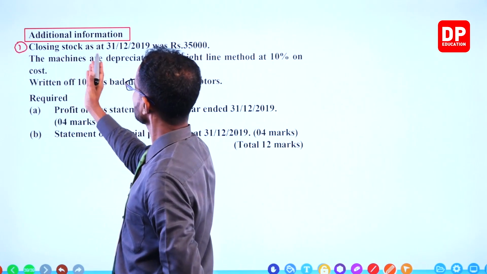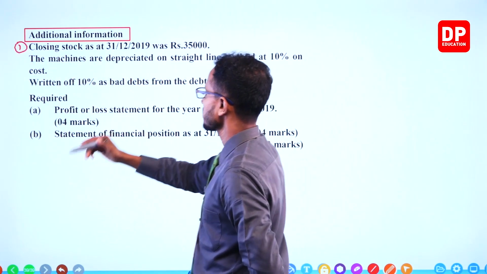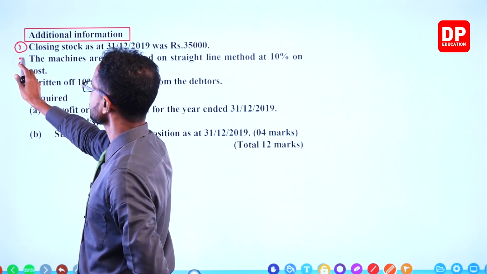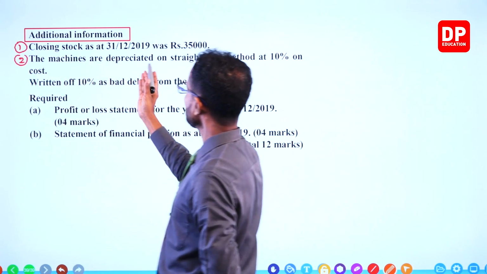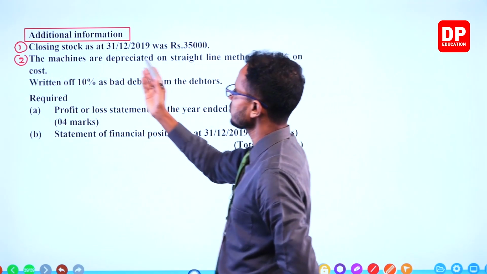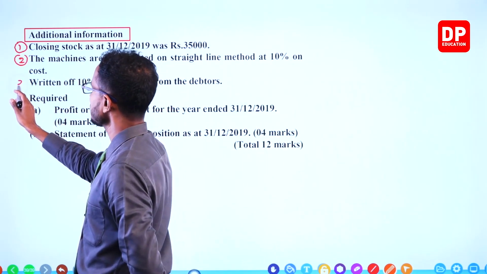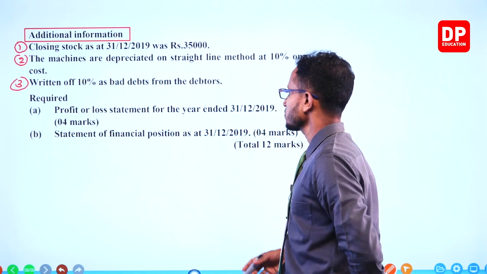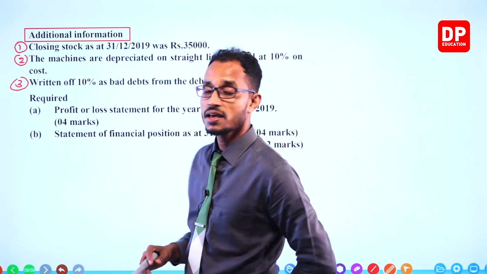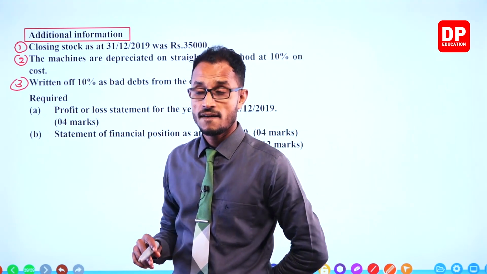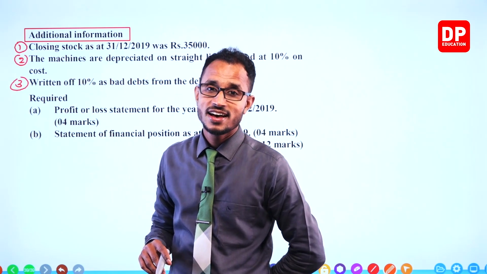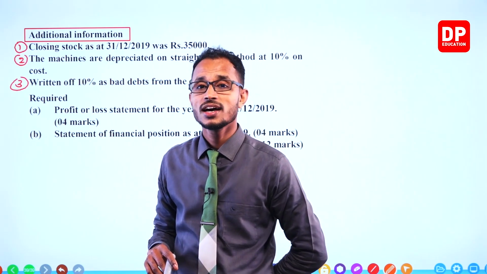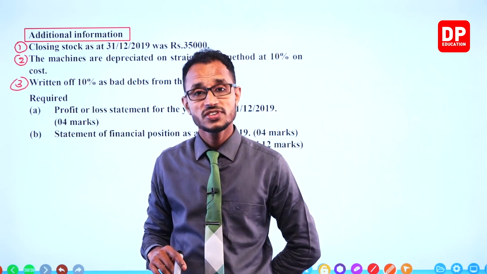Closing stock 35,000. 2. Depreciation of machines. 3. Written off 10% as bad debts from debtors. Oh yeah, you need to adjust this additional information first.